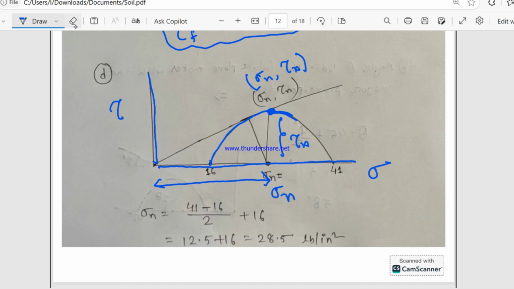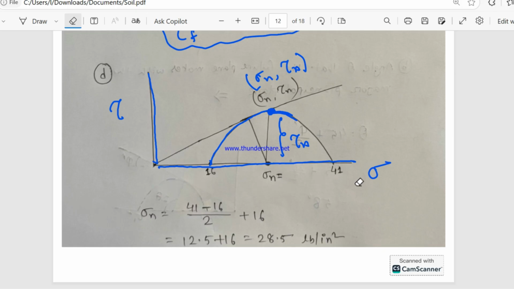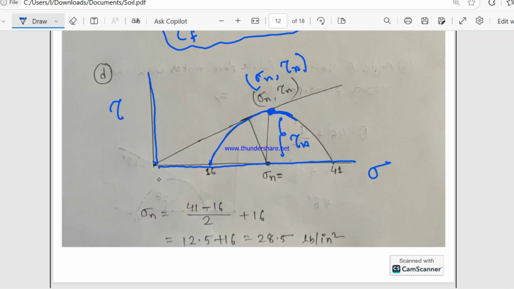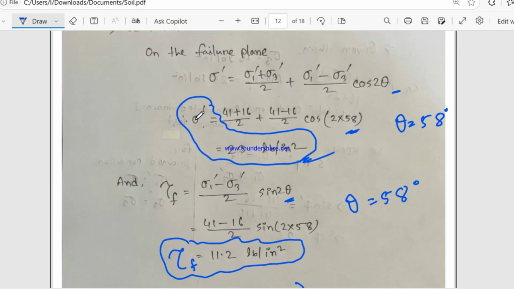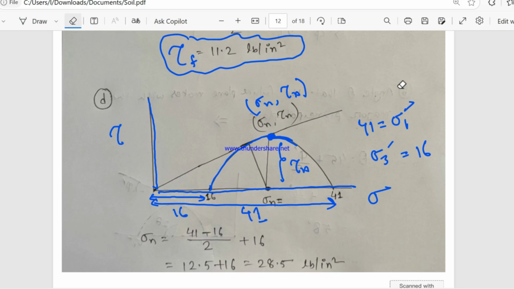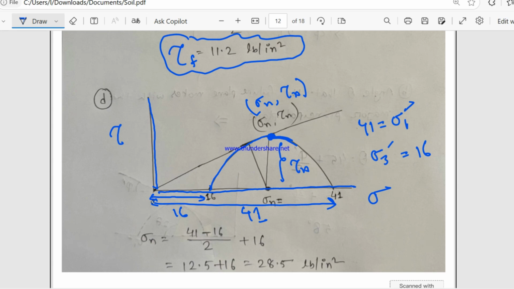So we have to find the normal stress. We know this is 41, which is sigma 1 prime, and sigma 3 prime is 16.